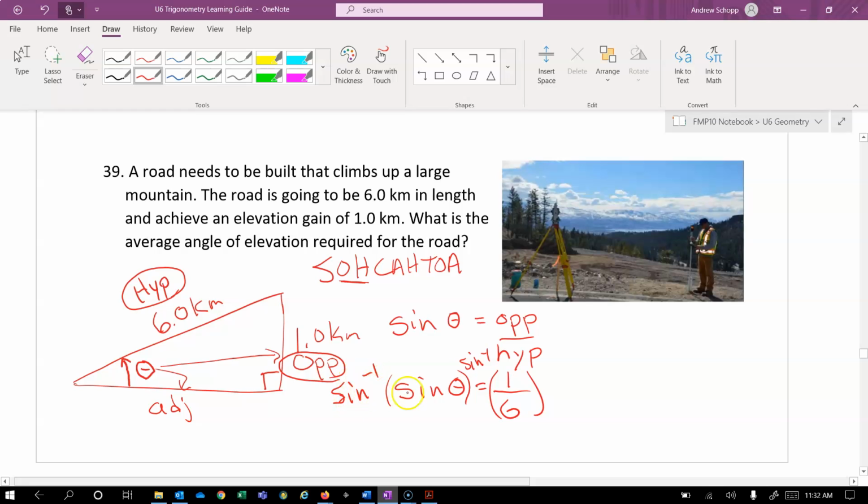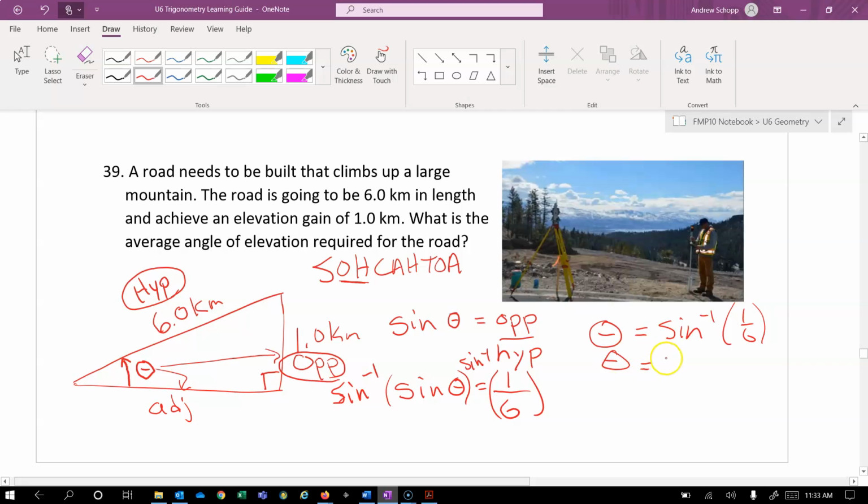So the inverse sine of sine theta just gives us theta, and we're left with the inverse sine of 1 over 6. And you can go ahead and type that in your calculator. Remember, second function sine, likely, and then 1 over 6. Make sure you put 1 over 6 in brackets, or use the fraction button.